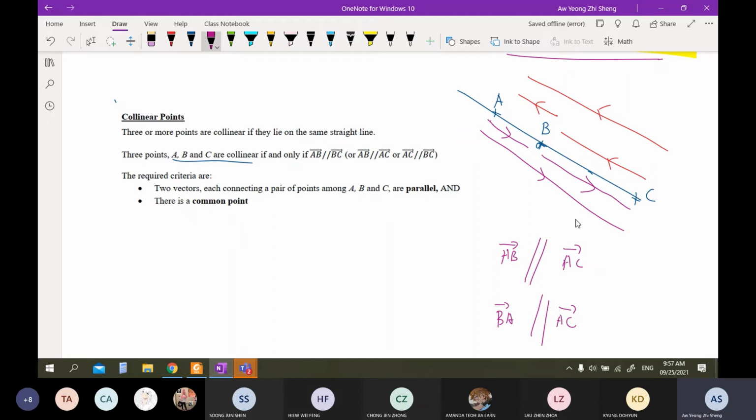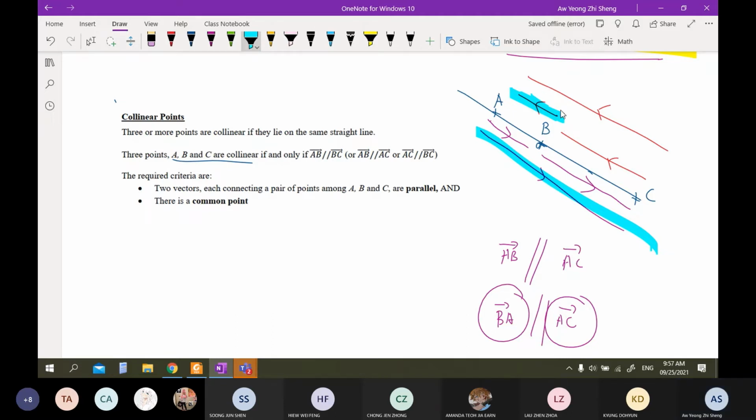Opposite direction is also parallel. That's why it is perfectly correct to say BA and AC are parallel, although they are pointing in opposite directions. Where is my BA? BA is here, and AC is here. Although they are pointing in different directions, it is okay to say that they are parallel, because opposite direction is also parallel.